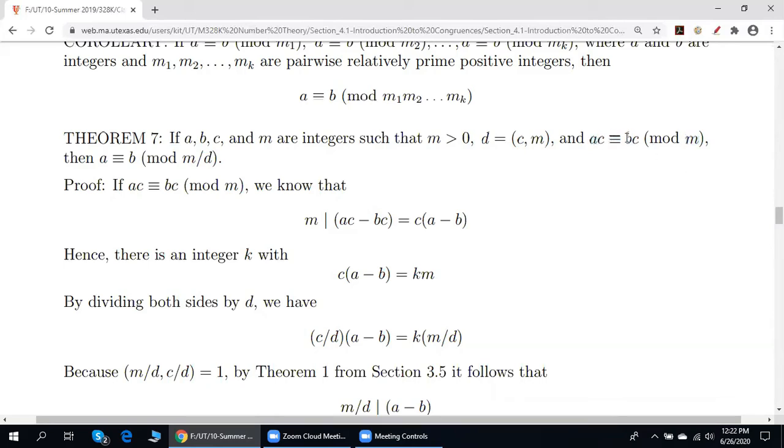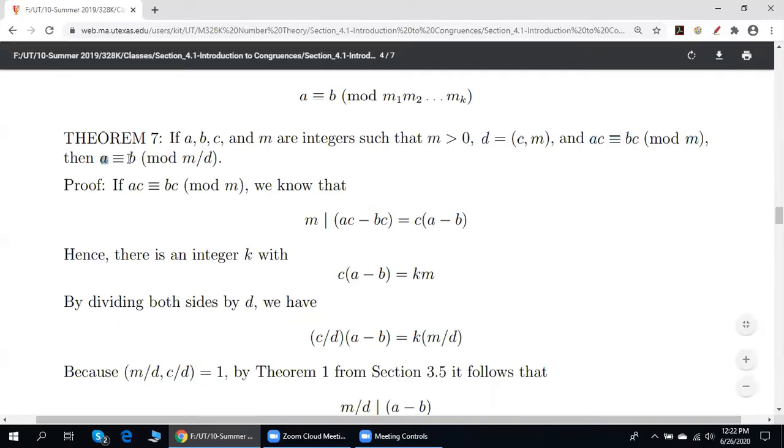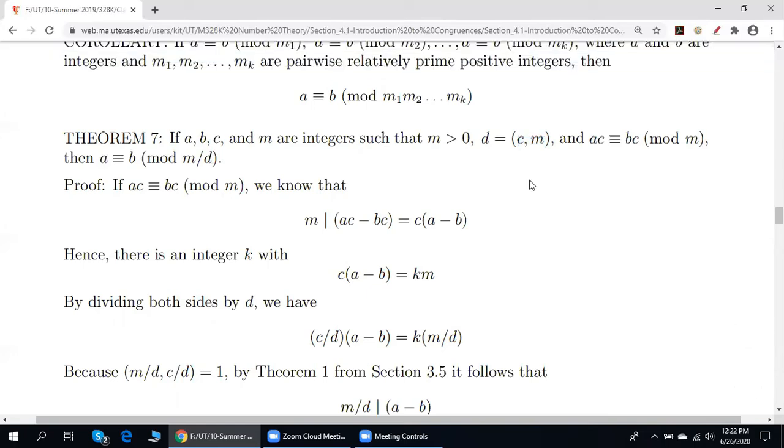If A is congruent to B modulo M, then AC is congruent to BC modulo M. But if AC is congruent to BC modulo M, this does not necessarily mean that A is congruent to B modulo M. What is true is the following. A is congruent to B modulo M divided by the greatest common divisor of C and M. Here is why.